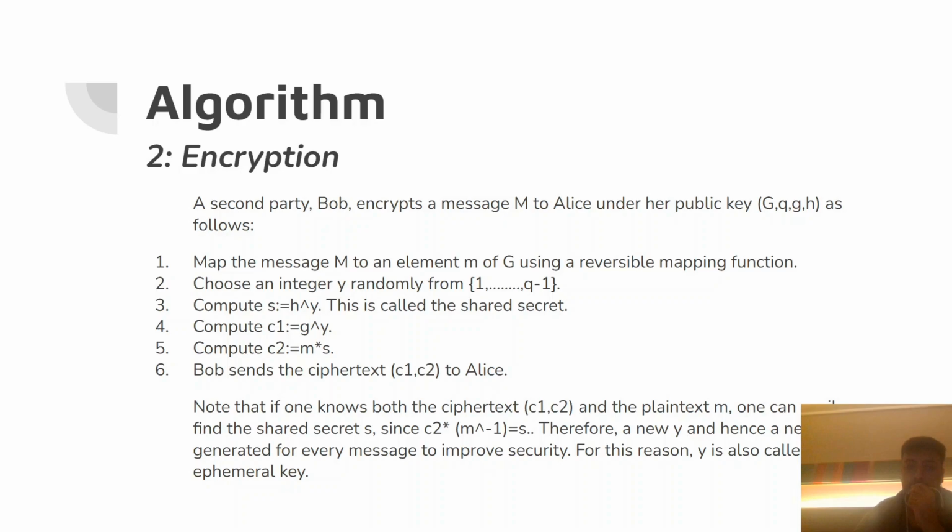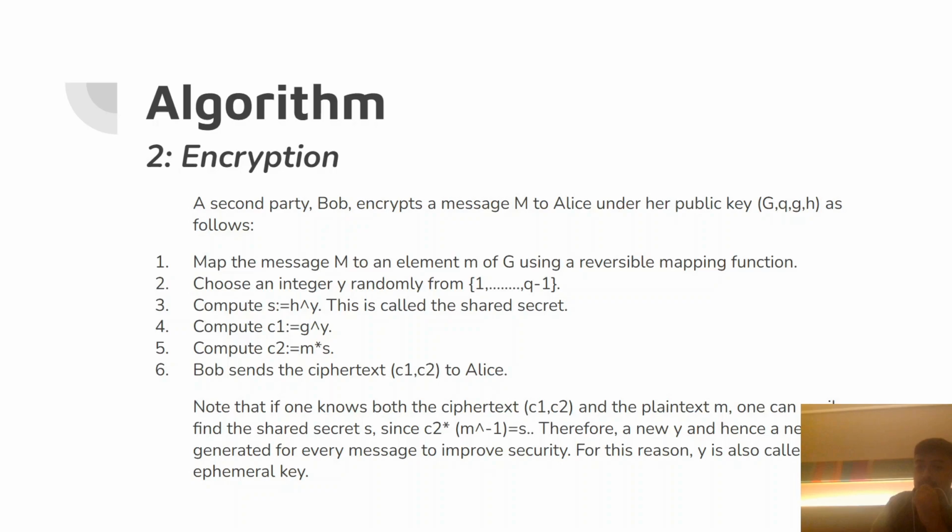He maps the message m to an element m of G using a reversible mapping function. Then he chooses an integer y randomly from the range of 1 to q minus 1. Then he computes s, which will be equal to h raised to the power y, and this is also known as the shared secret.